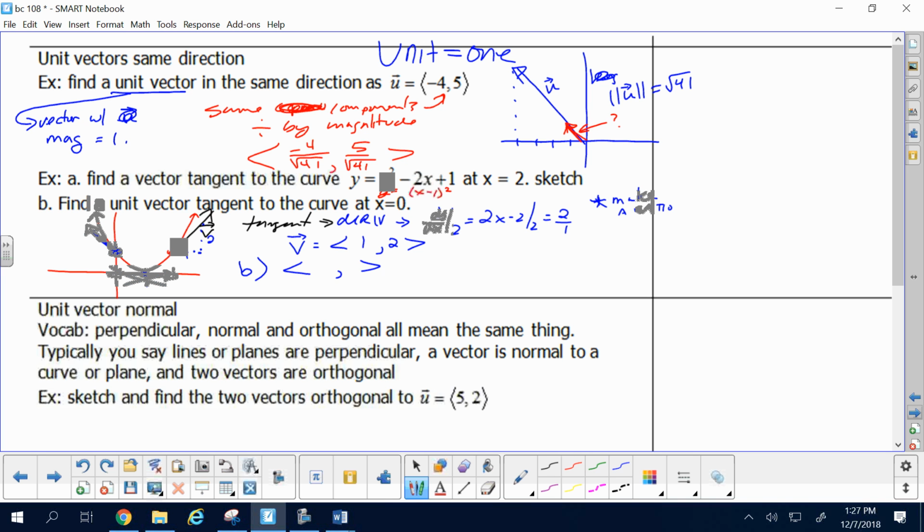Sorry, I was thinking at x equals 1. Yes, I am doing this problem. Okay? Did you get the, yes, sorry.